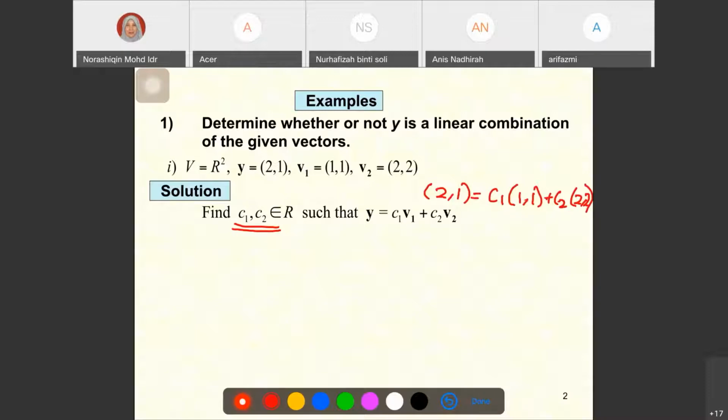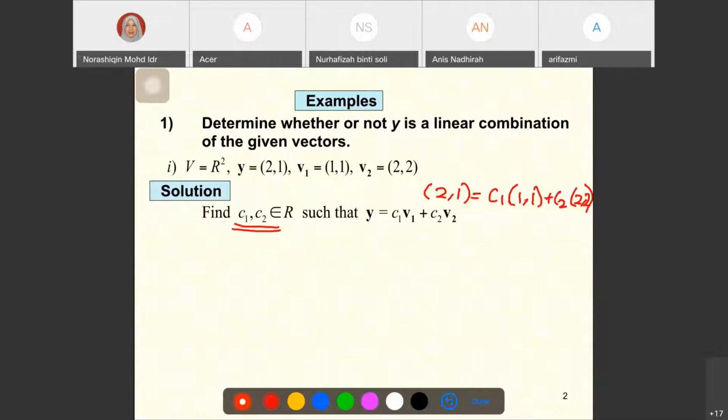How to solve it? The x coordinate must equal the x coordinate. We multiply the C's inside. So what do we have here?